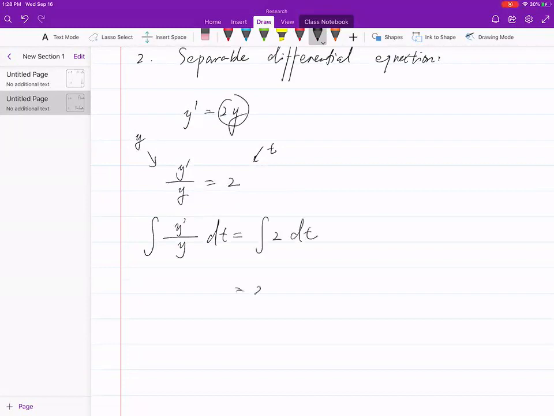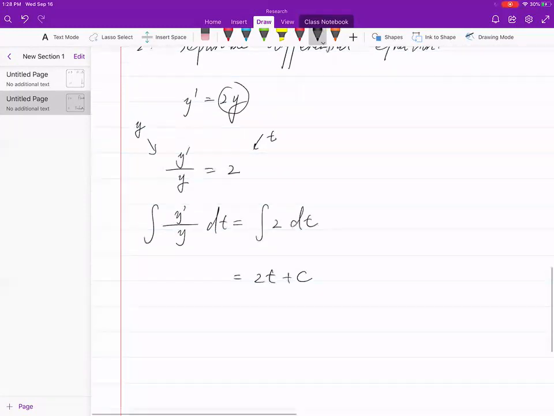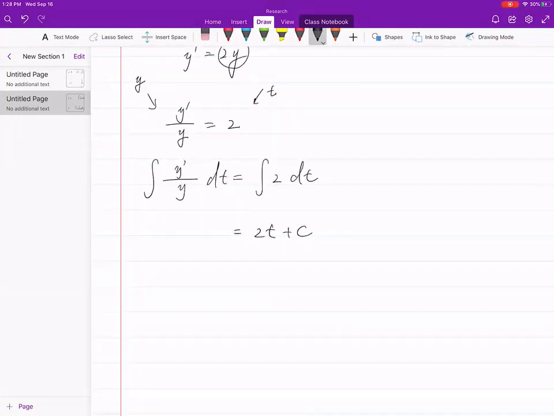I have 2t plus a c. Perfect. Keep in mind you don't want y and t together because you don't know which one you want to take, dt or dy. So let's separate them. Good so far?